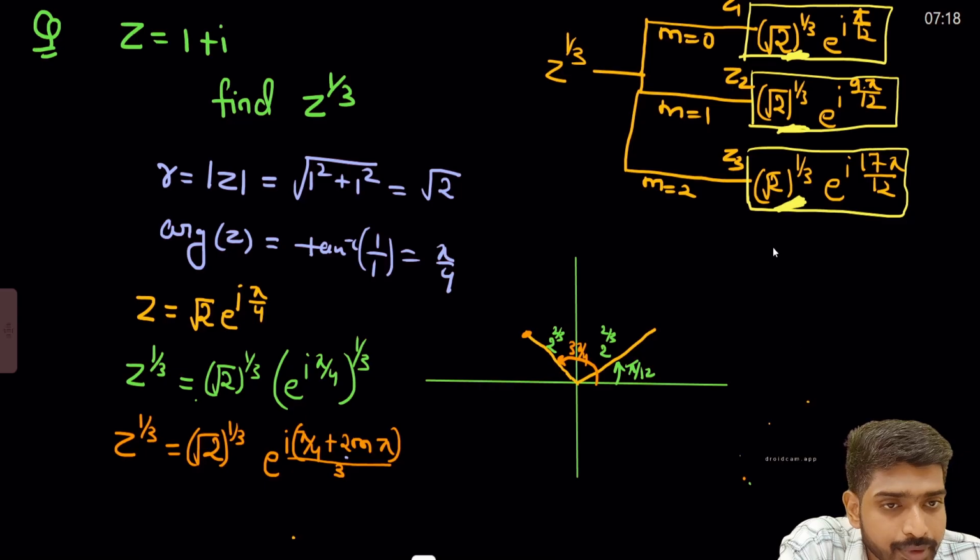Now next, if we find the third one, 17 pi by 12, it will lie in the third quadrant. Here the magnitude is the same, 2 to the power 2 by 3. This complex number is Z3, and the angle here is 17 pi by 12.